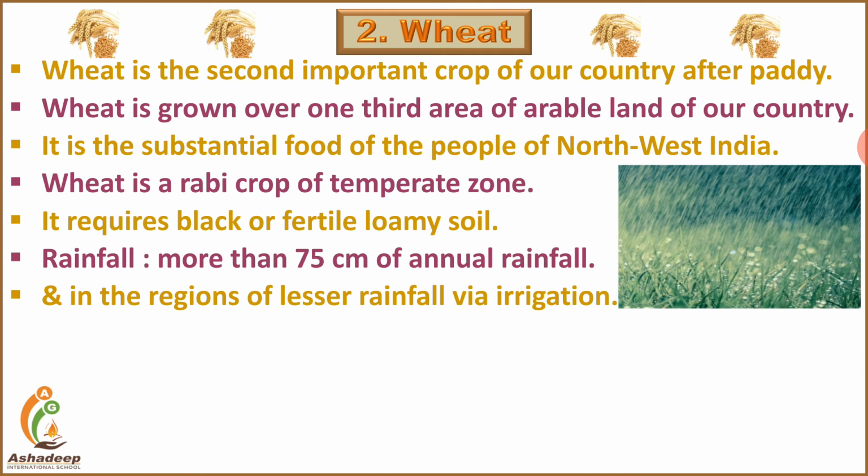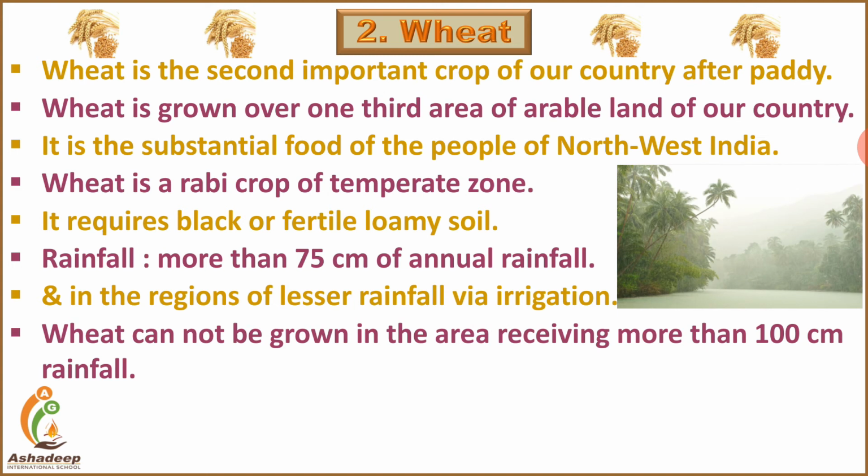Rainfall of more than 75 centimeters is required in order to get a good crop of wheat. And in those regions where the rainfall is less, with the help of available irrigation facilities they can cultivate wheat.